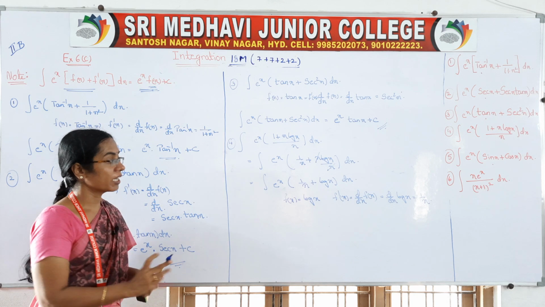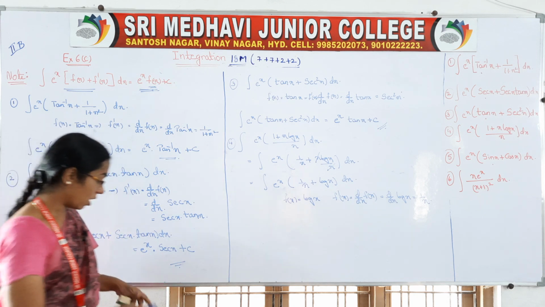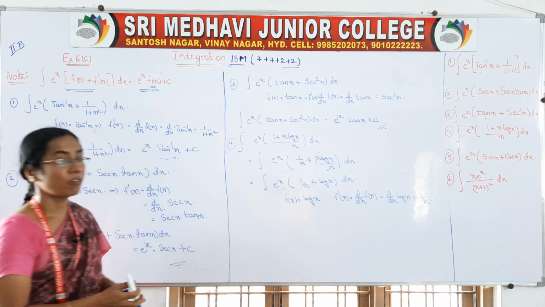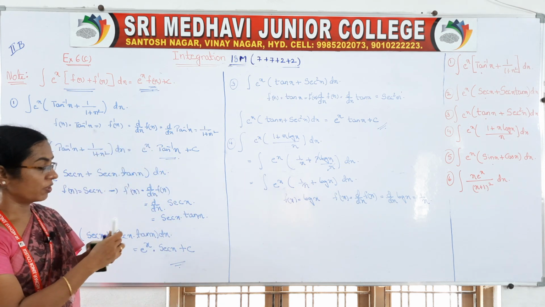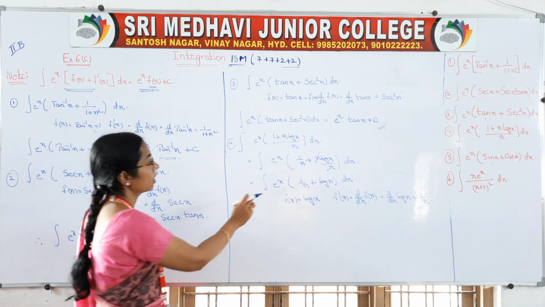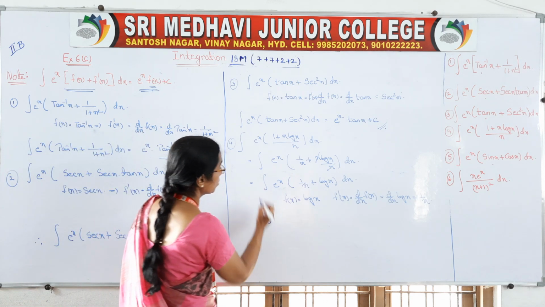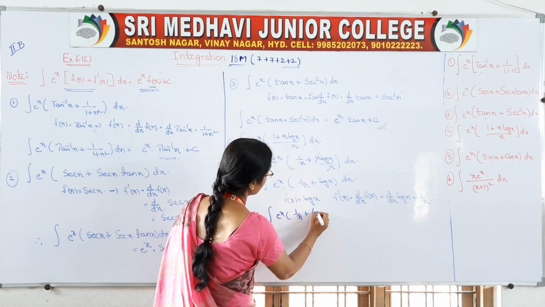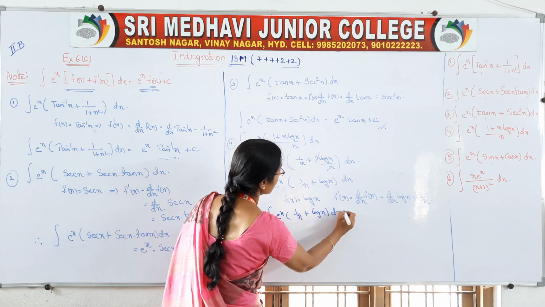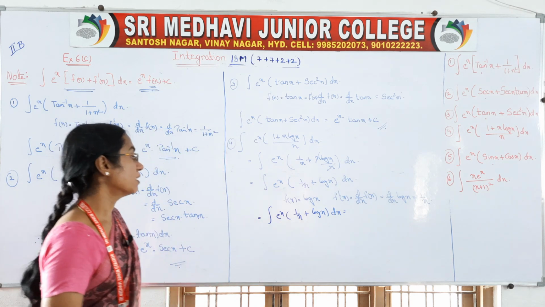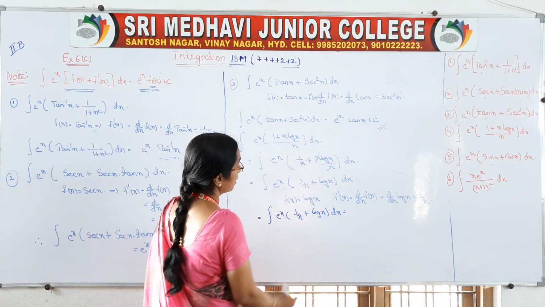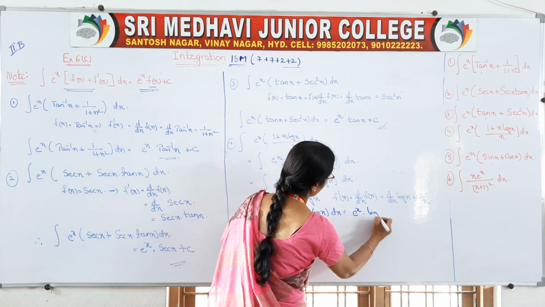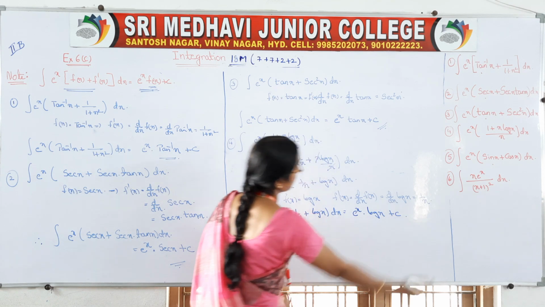So if we have taken f(x) as log x, we got f'(x) as 1/x. So we can apply that formula. Therefore the integral of e^x (1/x + log x) dx is equal to, what is the value? We have to take e^x into f(x), that is log x plus c.